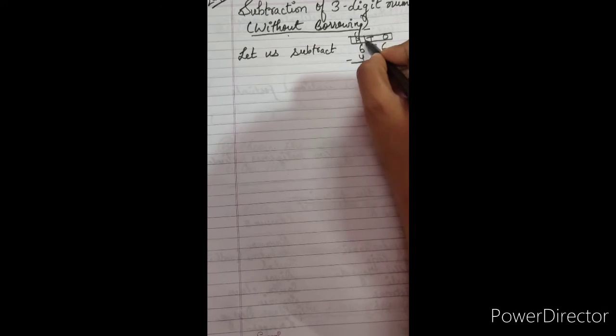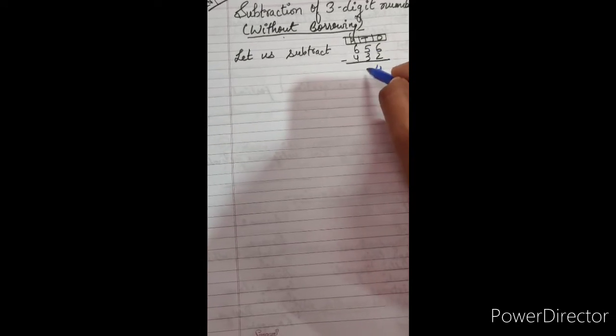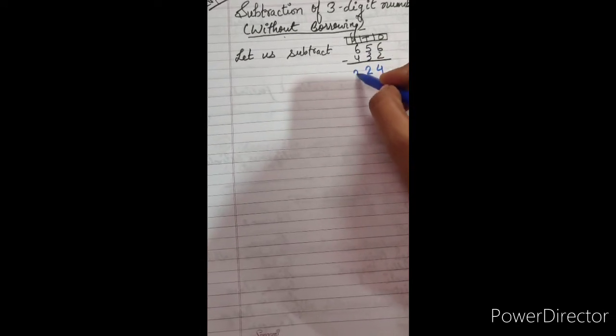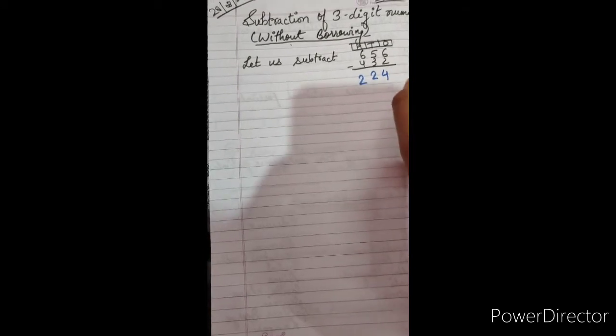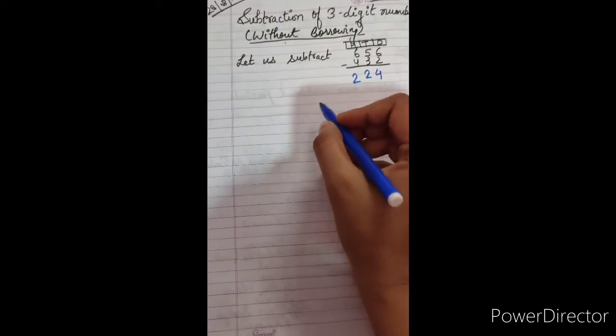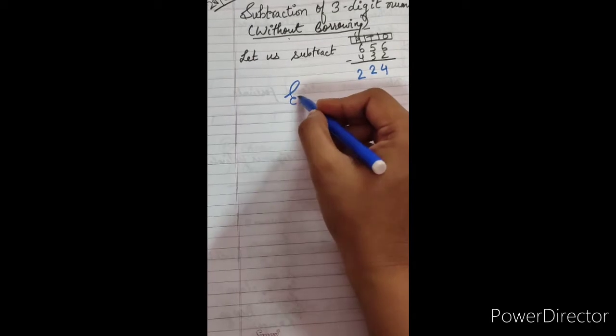This is ones, tens, hundreds. So subtracting ones, 6 minus 2 is 4, 5 minus 3 is 2, 6 minus 4 is 2. Right? And now exercise time.